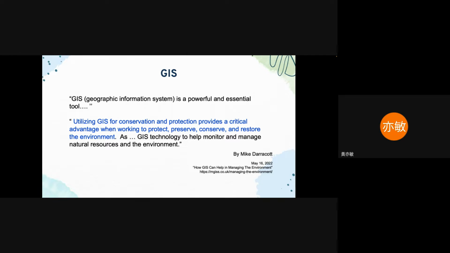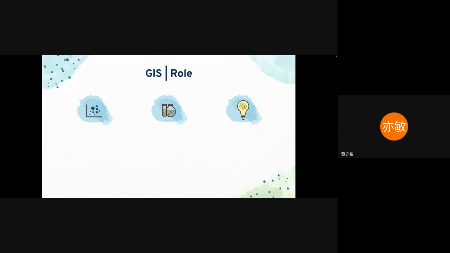GIS can collect all of this information on one single platform, and after proper processing, you can get useful information and do something else for the next step. So what are the roles of GIS? Of course, the first one is data processing.